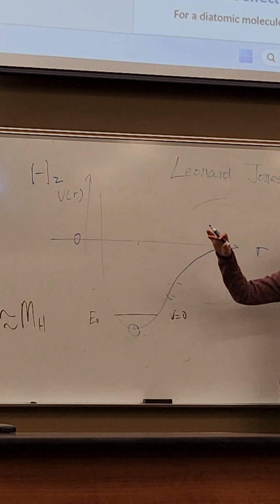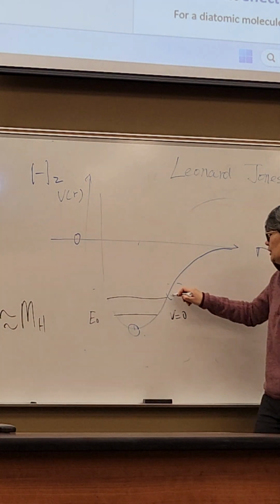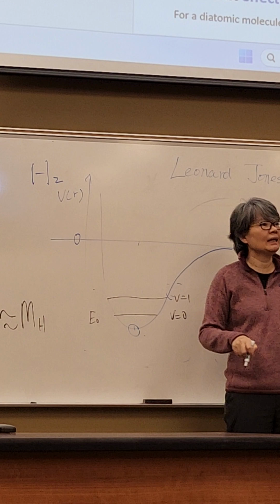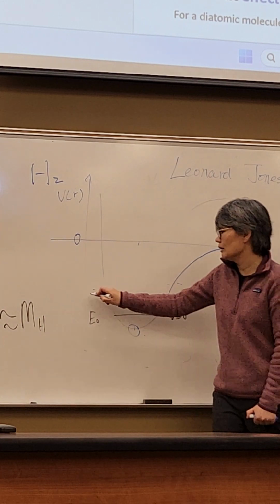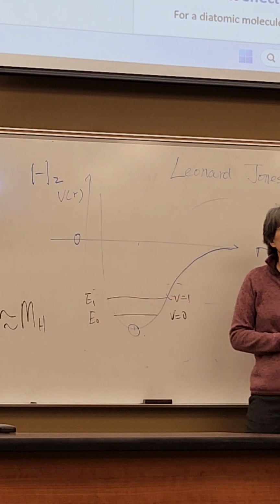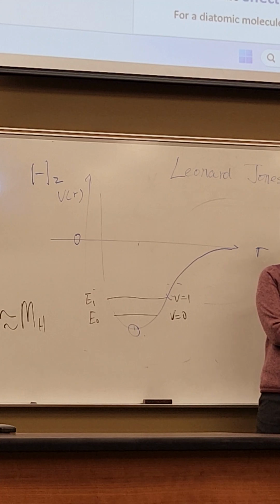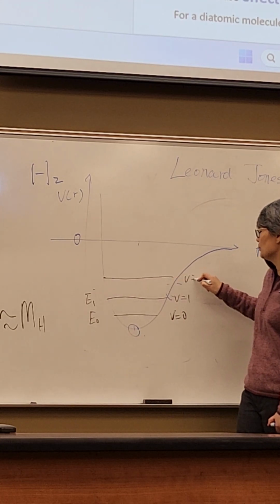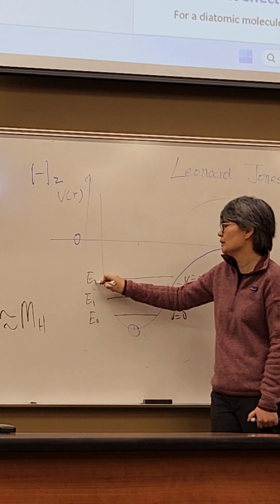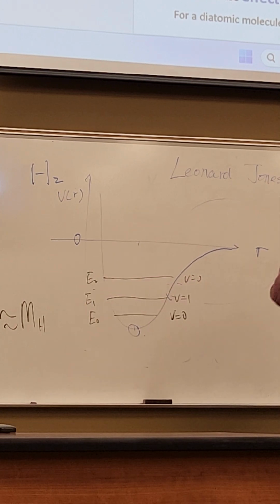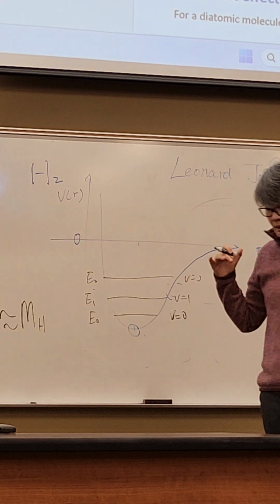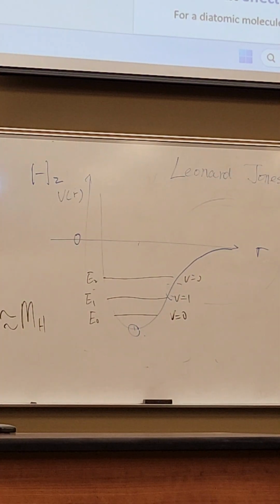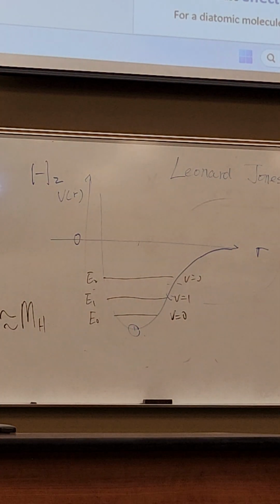And then you have higher energy when the quantum state equals 1, so that your energy is E sub 1. Then of course I will have E sub 2. So you have energy levels or states for the vibrational oscillator.